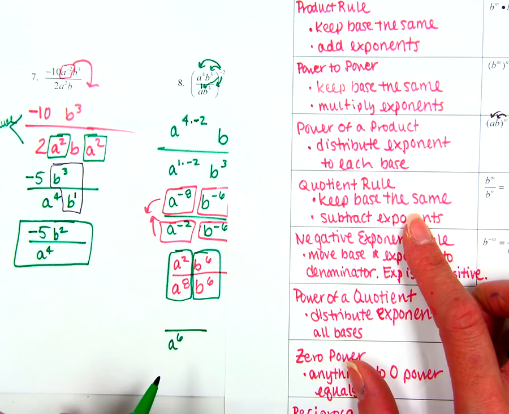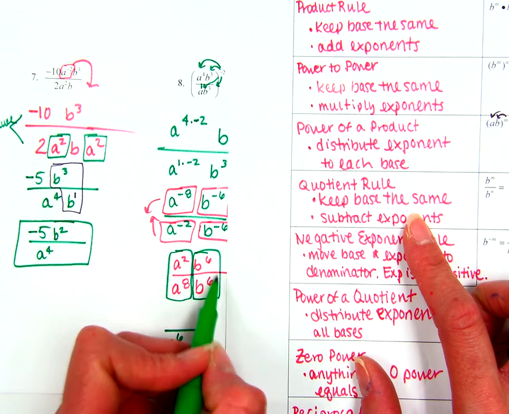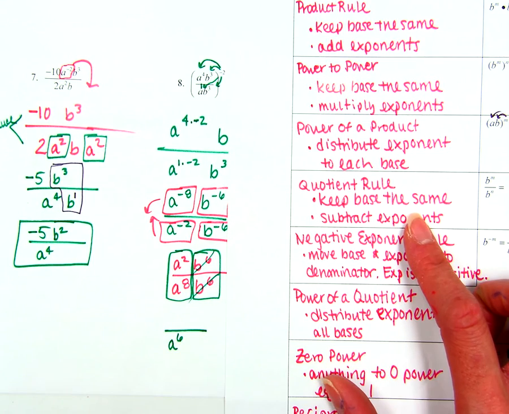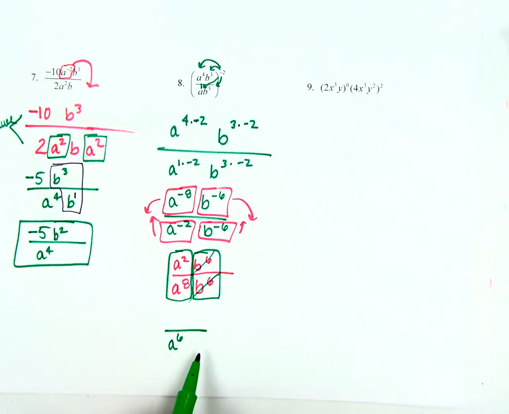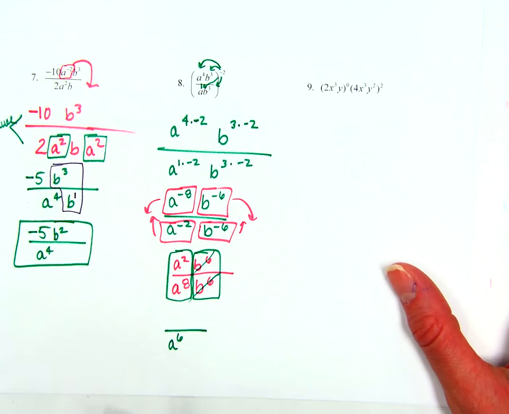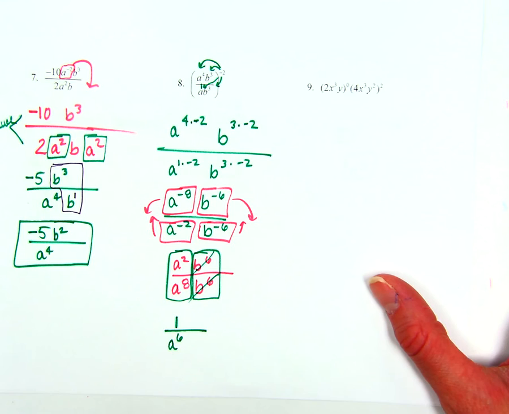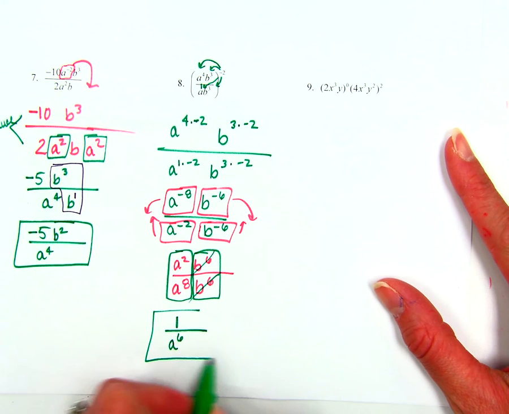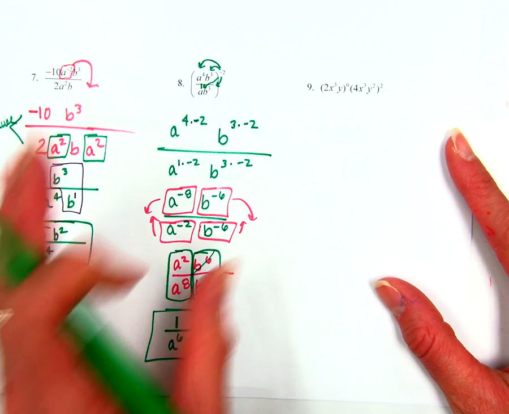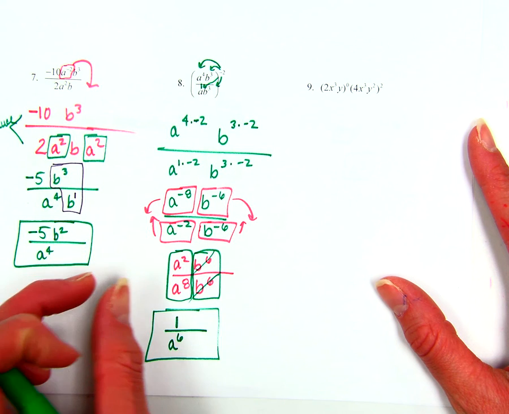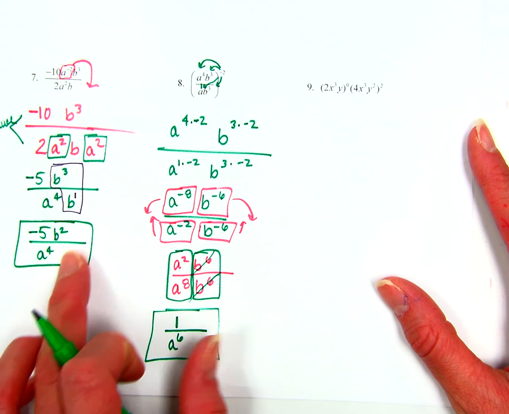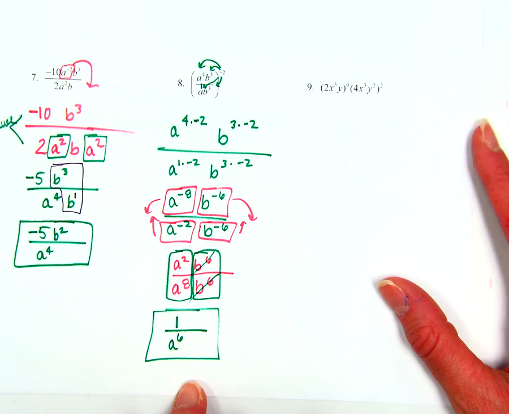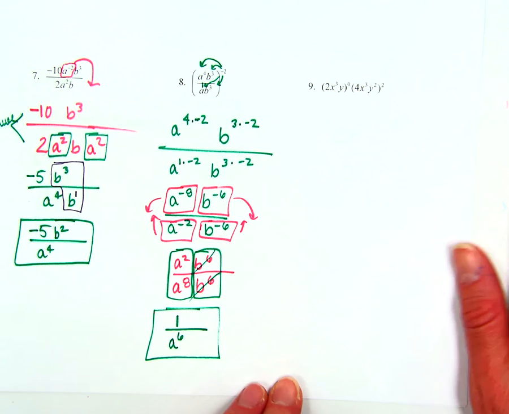So now I've got b to the 0. Well, b to the 0 is 1. Or in other words, if I have 6 minus 6 and I get 0, that just cancels out. So this would be my answer, but you can't really leave a fraction with just something in the denominator. So you just put a 1 there. So you have 1 over a to the 6th. All right, in the end, make sure all your terms that are left over, they have not like bases, and there should be no negative exponents. Just make sure they're all positive exponents.